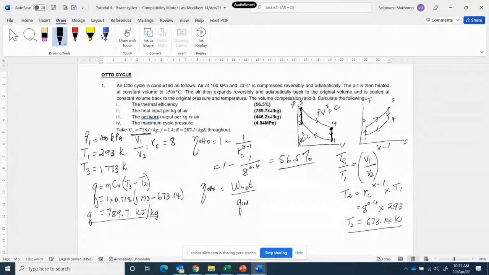Remember the slide that I showed you, the thermal efficiency of any machine is given by work net divided by Q in. So in this case here, we have the efficiency, it is 56.5%. We have Q in, it is 789. Therefore, we say work net. Oh, sorry.